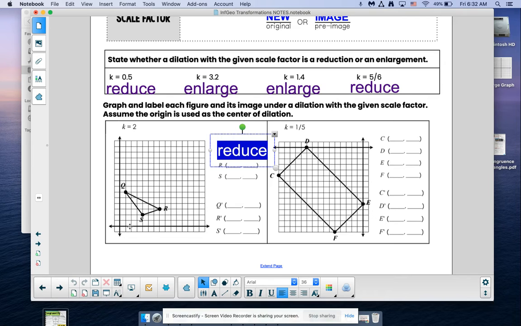Q is at over 1, up 6, so 1, 6. And S is at 4, 2. And R is at 7, 3.